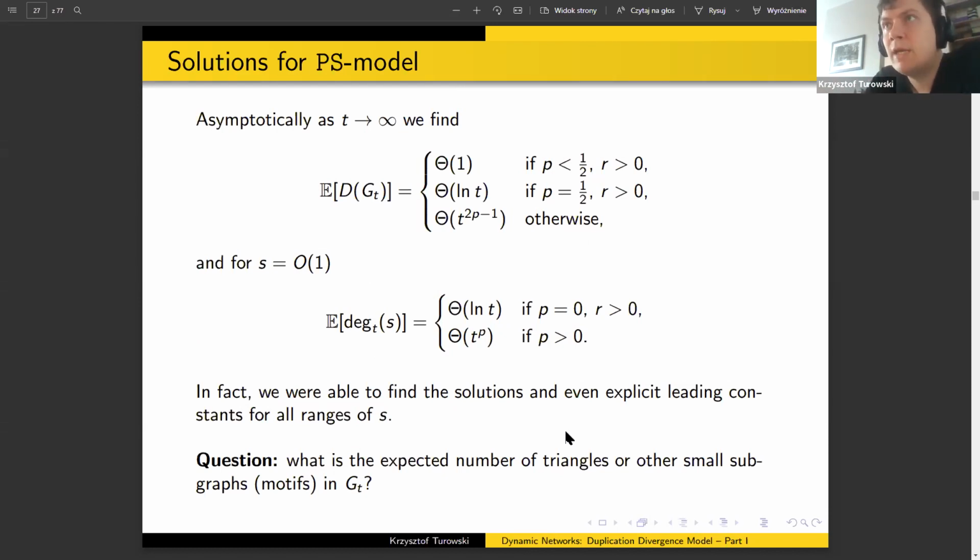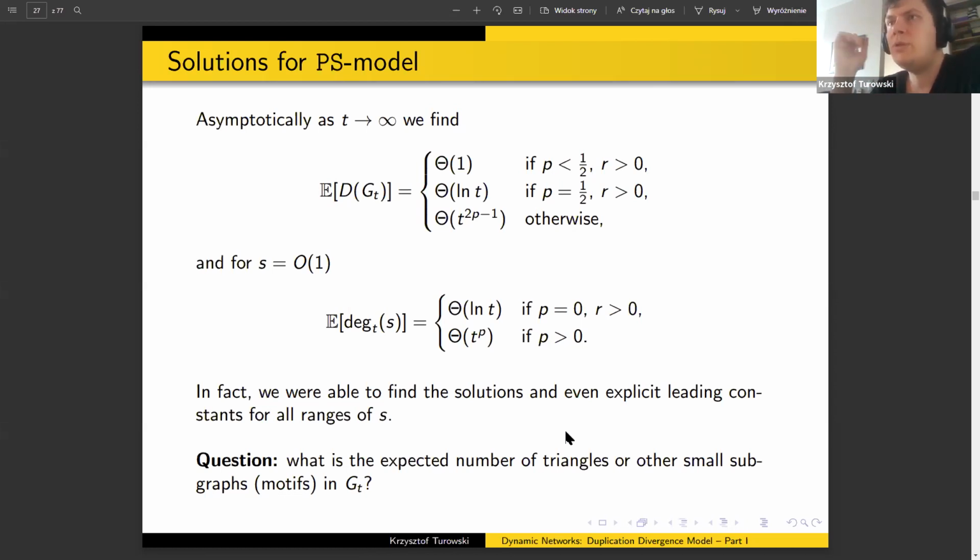Okay. And this analysis can be performed even more thoroughly. So we can find, for example, explicit constants which are hidden under theta, and we can find these formulas not only for S which is constant, but for any values of S. And there are, if I remember correctly, 4 cases with different formulas.